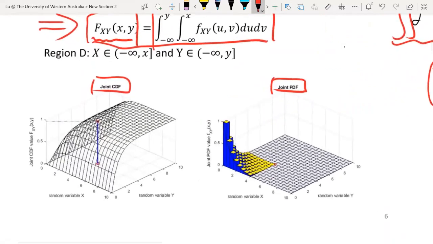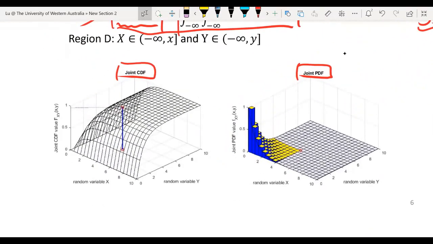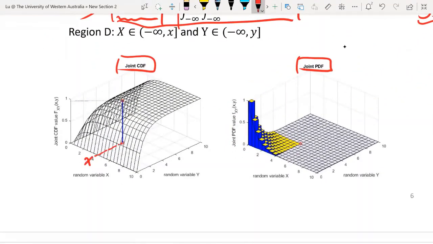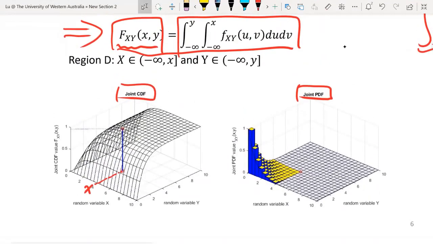If we zoom in here, let's assume this point is x, which is this x, and this point is y, which is the given parameter y here. Based on this given x and given y, you are determining a point here, which we call the x and y point.